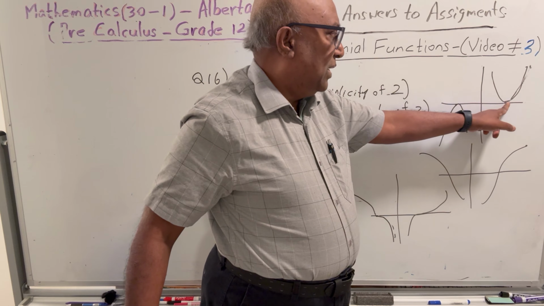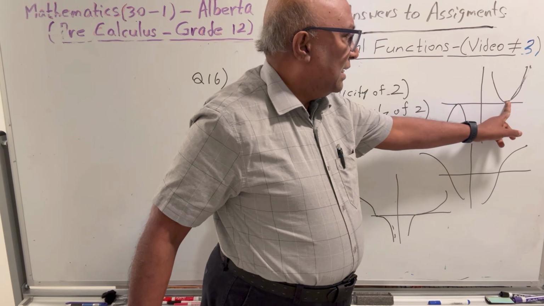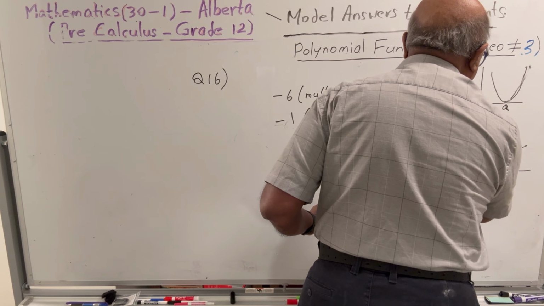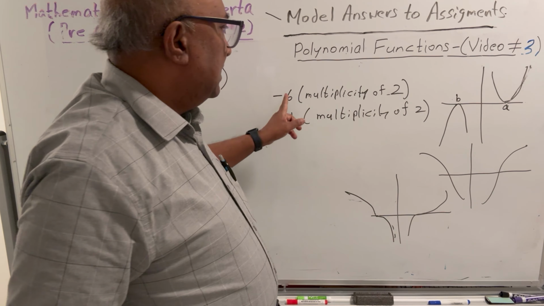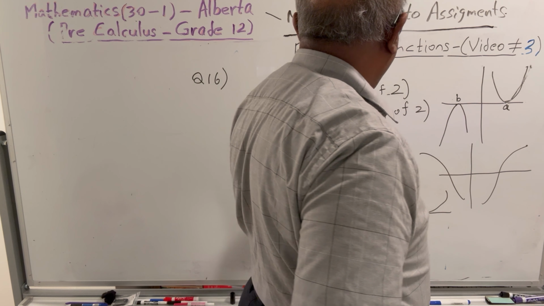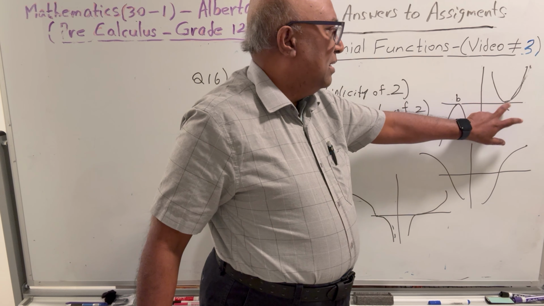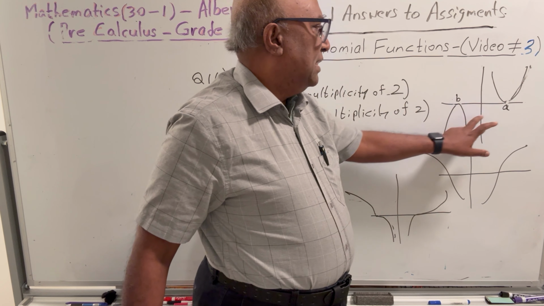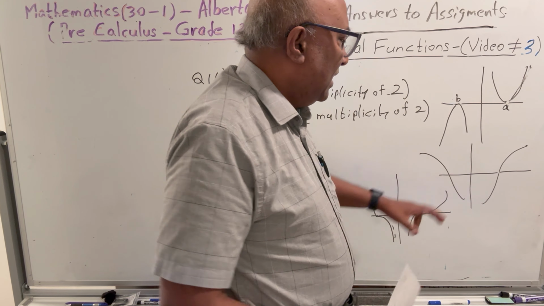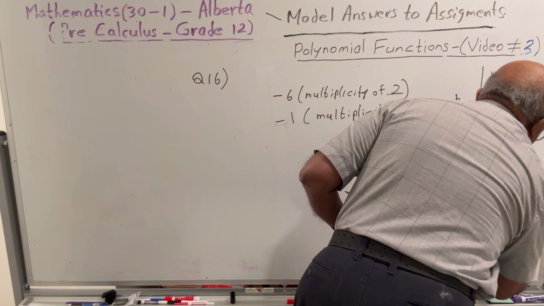These look like a quadratic function. Then the function touches the x-axis. That means the x value is repeating at these points. Then they say this has a multiplicity of 2. If it is like that, we say multiplicity 2. If it is like that, we say multiplicity 1. This is multiplicity 2. This is multiplicity 1.